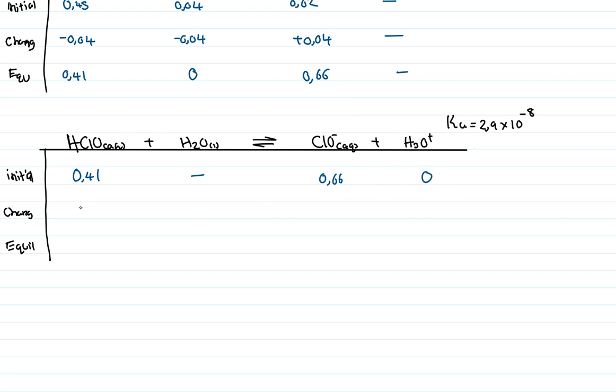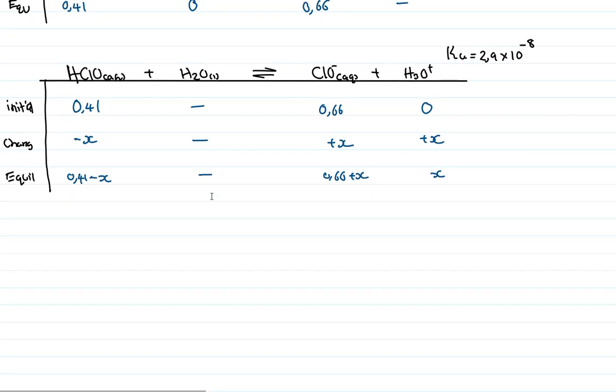So now we're gonna do this. Minus x there, nothing here, plus x and plus x. And for the equilibrium concentrations, now we have 0.41 minus x, nothing for water, 0.66 plus x, and then we have x over there.